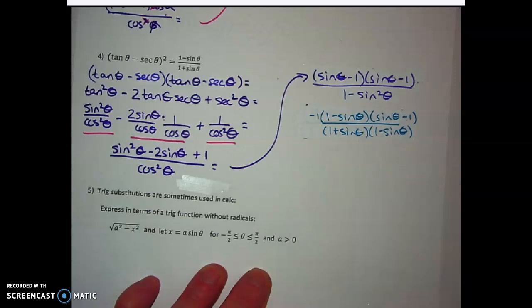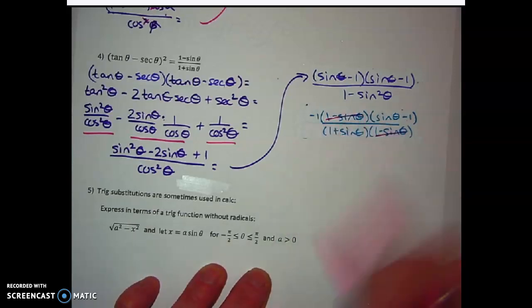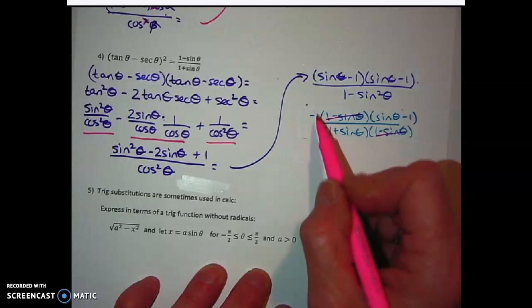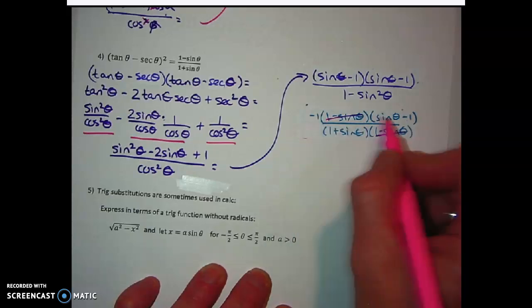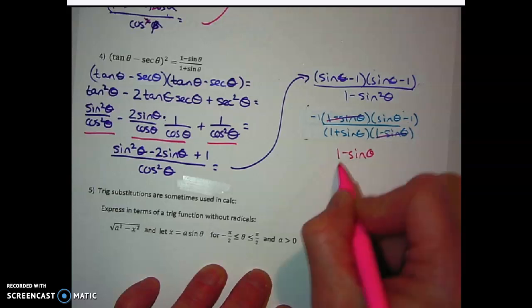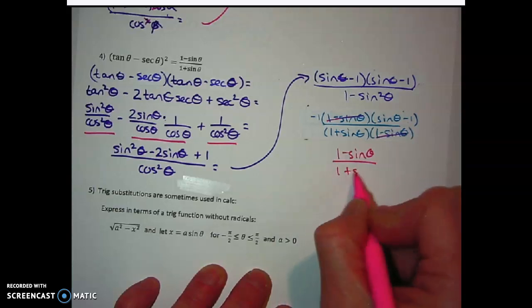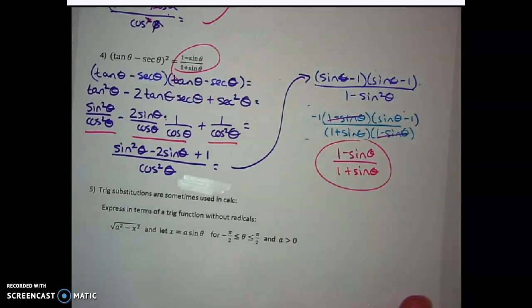So now you can hopefully see that I can cancel out my 1 minus the sine of theta. And then I'm just going to distribute that negative 1 back into this one. So that's going to give me a positive 1 minus the sine of theta over 1 plus the sine of theta. And again, that's what I needed to end up with.